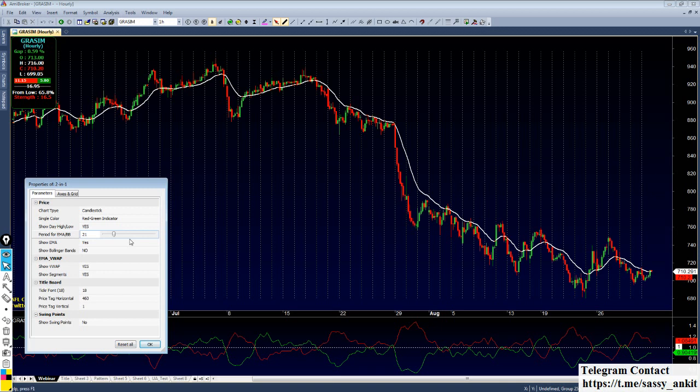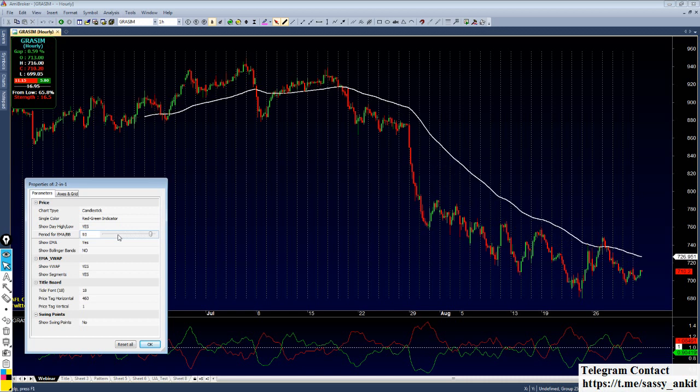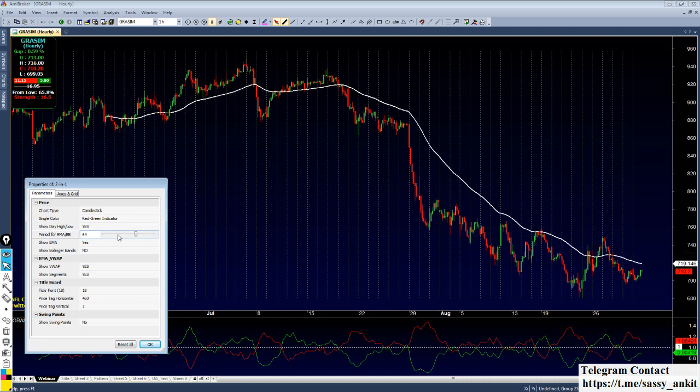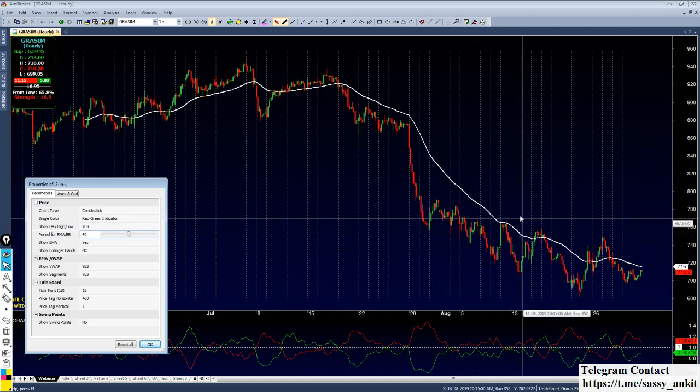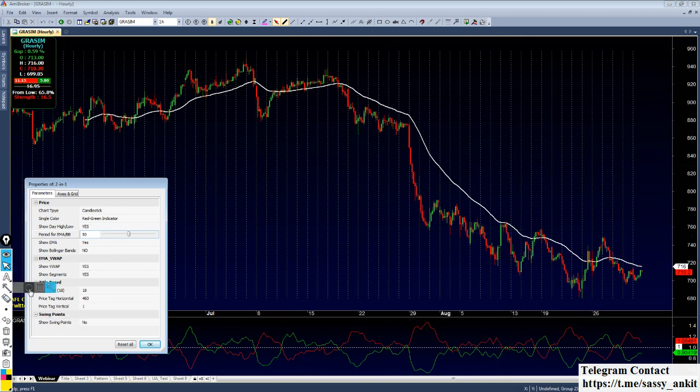Let's adjust our EMA such that it does the maximum number of touches, as we had seen. So here we can make a, this is one way where we are catching this here, but we are missing out this particular edge.